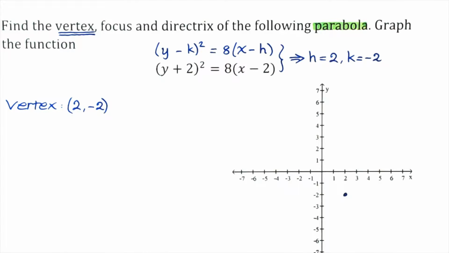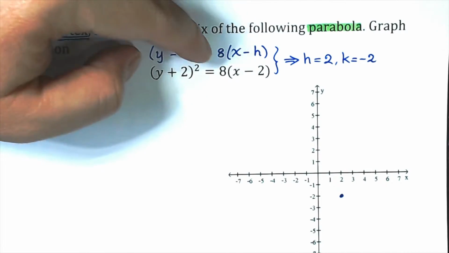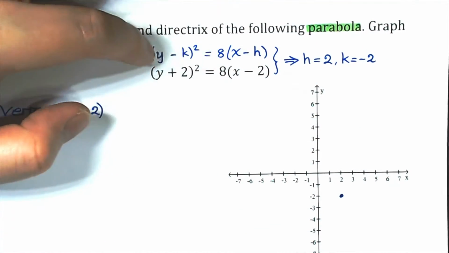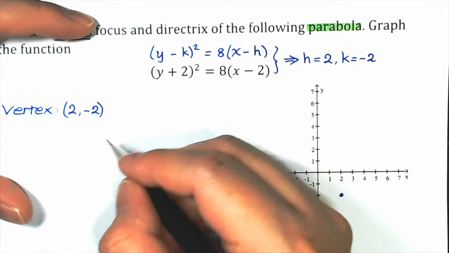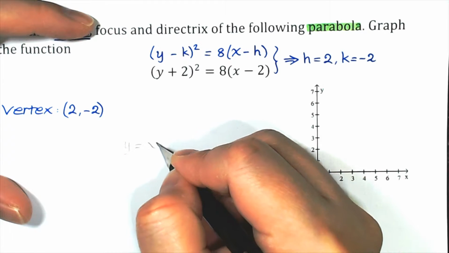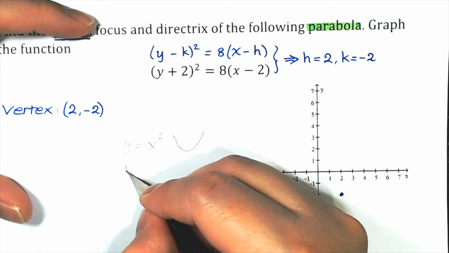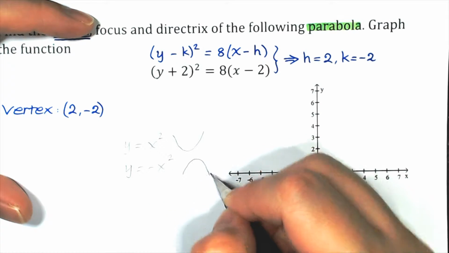Next, the focus and the directrix. We need to understand the form. First of all, it's y squared and x squared. Here it's y squared equal to something times x, so the square goes with y. Just quickly, when we have y equal to x squared, the parabola opens up. Y equal to negative x squared opens down.